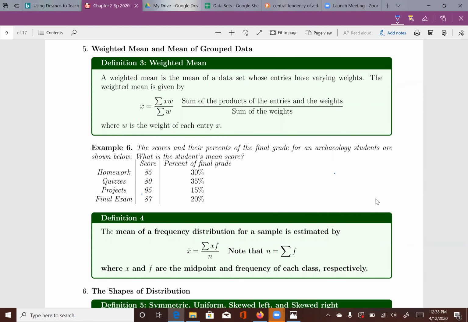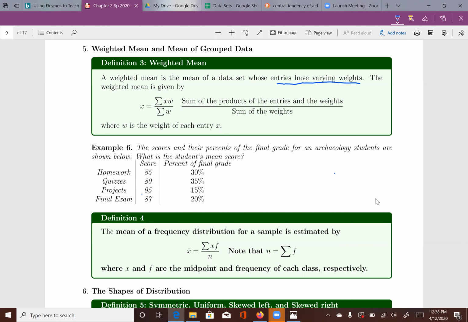So in some cases, different data entries have different weights toward the mean of the whole data set. And when you have to find the mean of those data sets, it is called weighted mean. So a weighted mean is a mean of a data set whose entries have varying weights.